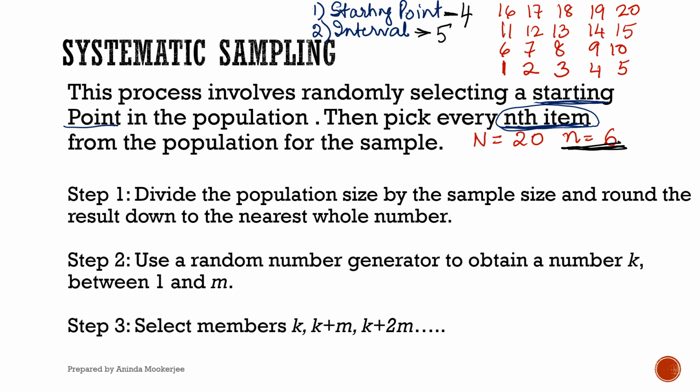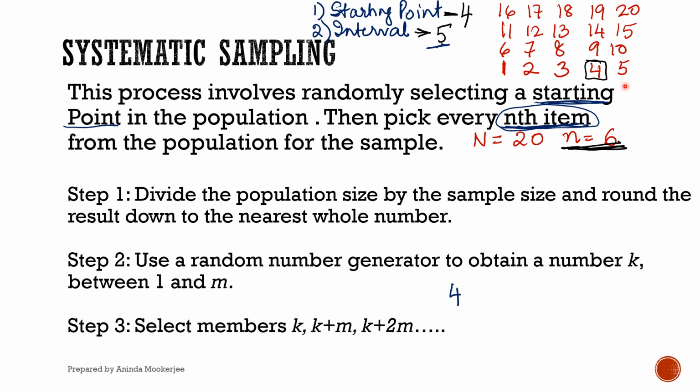So now that my starting point is 4, I go and pick the 4th student from my arrangement. So student number 4 gets picked. And then after 4, the interval given to me is 5, right? So I pick the 5th student that comes after 4, after my starting point.